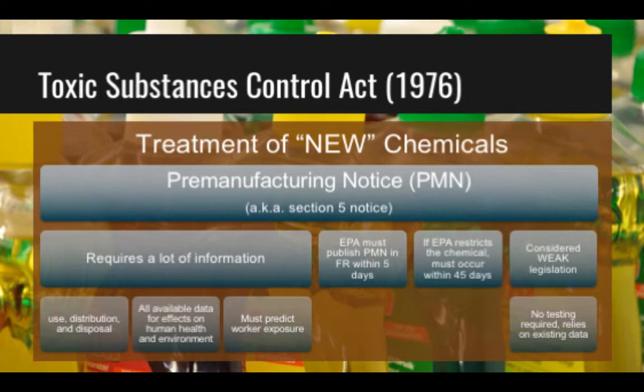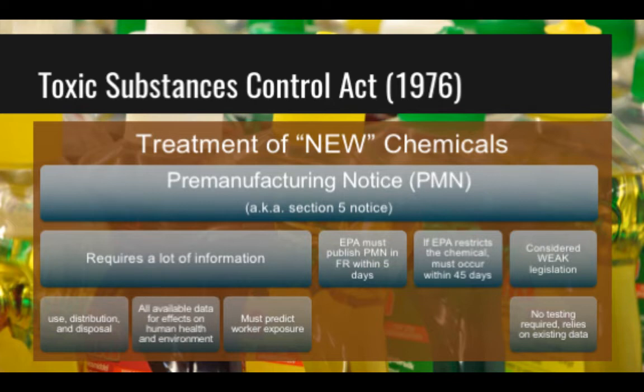This notice must contain a significant amount of information about the chemical, including its chemical name, chemical identity, molecular structure, trade names or synonyms, byproducts resulting from its manufacture, processing, use, or disposal, intended categories of use by function and application, and the estimated maximum quantity to be manufactured or imported during the first year of production and for any 12-month period during the first 3 years.